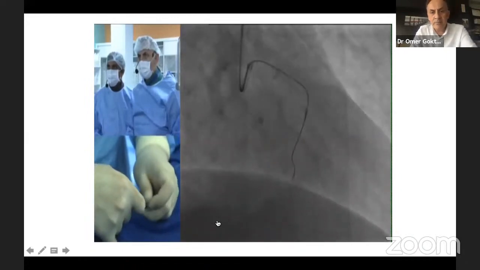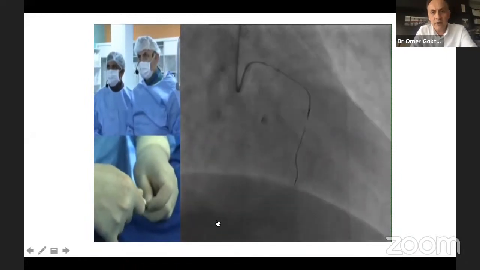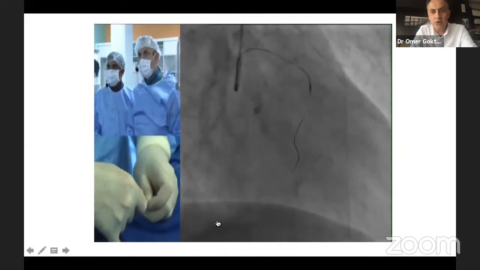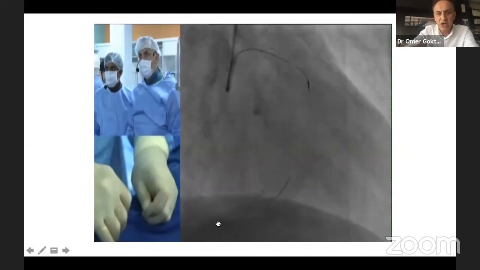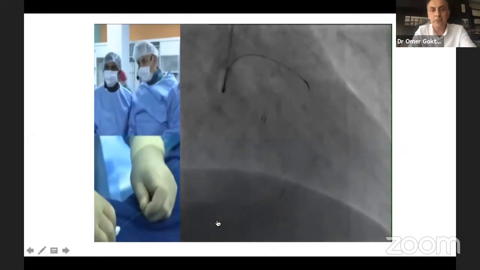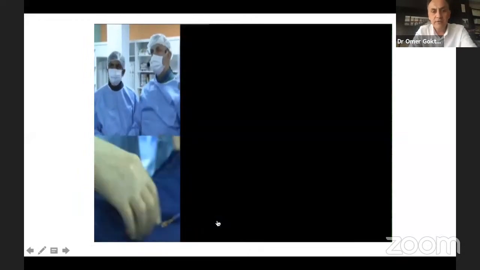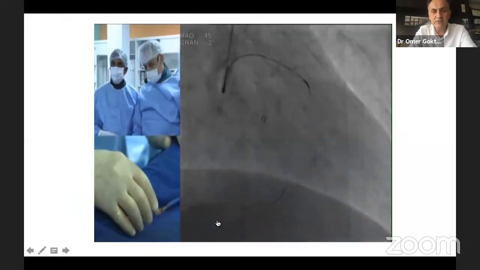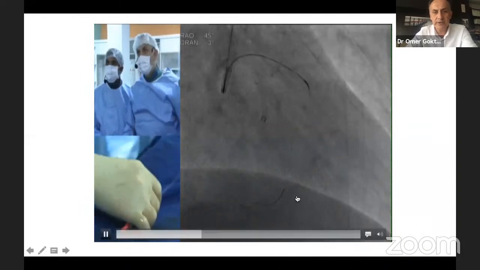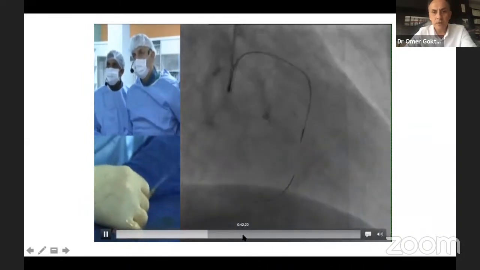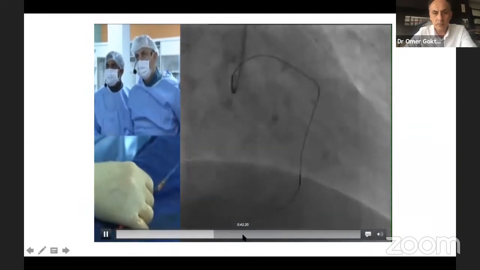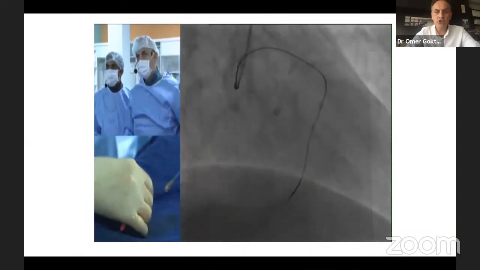You see there is some tortuosity, so our wire doesn't go that easily, and then it jumps after a couple of tortuosities. We cross it with a small maneuver and it jumps to the distal vessel.